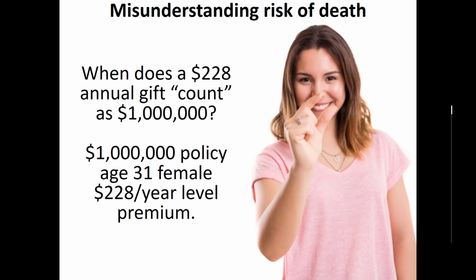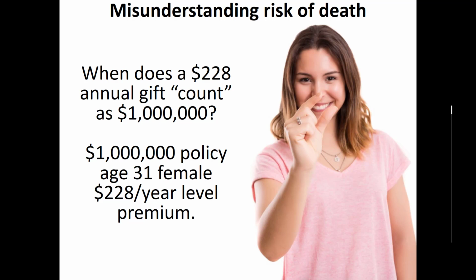So if we look at the $1 million and say, wow, this gift is worth $1 million. In fact, the gift is worth $228 a year. Now, over the course of a lifetime, for somebody who is that young, that $228 a year adds up and compounds so that we get the $1 million value at the end of life.